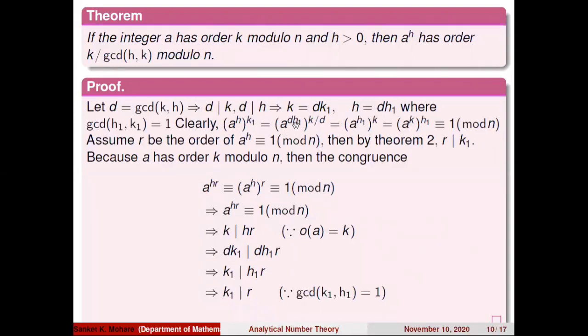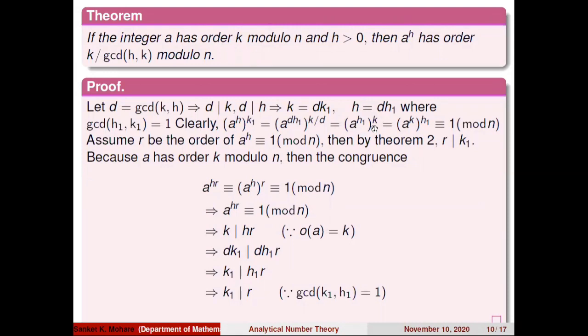So A to the power D H1 times, what is the value of K1 from this equation? K is equal to D K1, so K1 is equal to K by D. Here I substitute the values of H and K1. So I obtain A to the power D H1, to the power K by D. Now this D and this D get cancelled out. So what remains? (A to the power H1) to the power K.